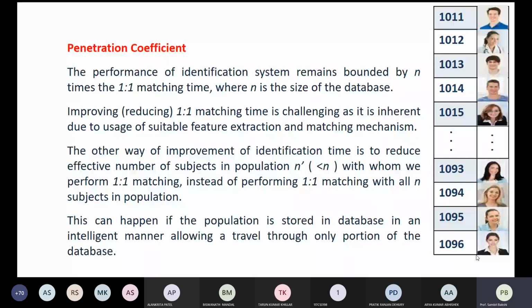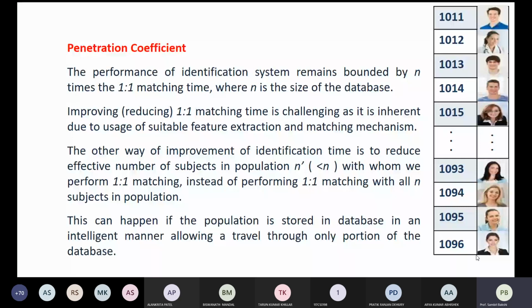Is the objective clear? Yes, sir. Okay. So at the time of identification, we want less time, and we do not want to search through the whole database.